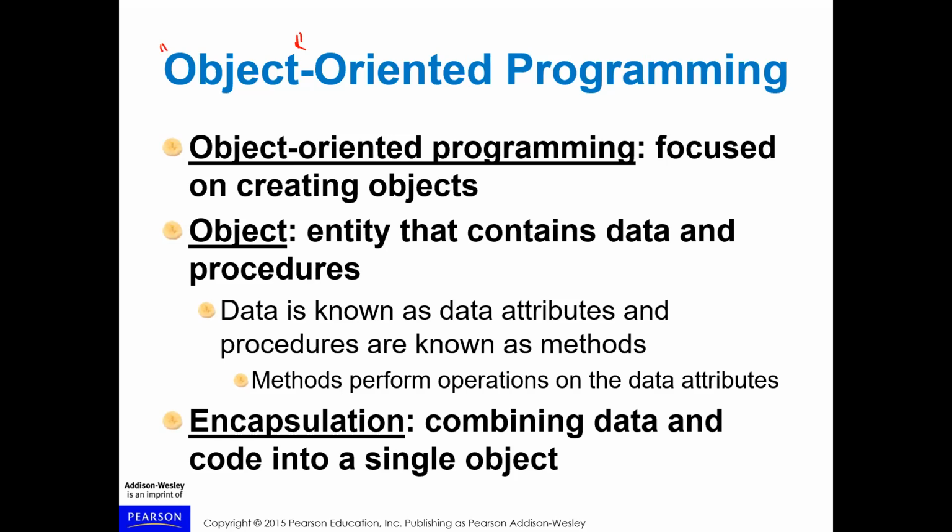And an object is really just an abstract thing. So you're going to say, I want an object in my program that is people. And then you think, okay, what information is associated with people? Lots of things, right? Say payroll, employees.